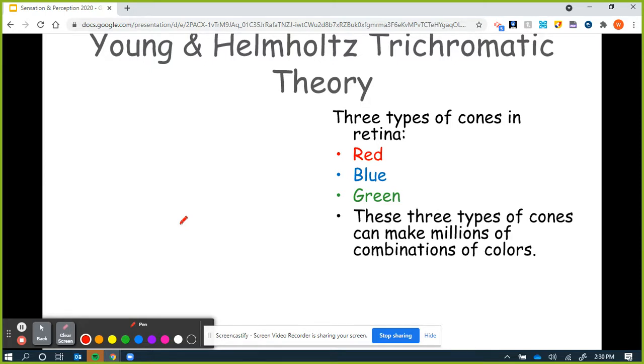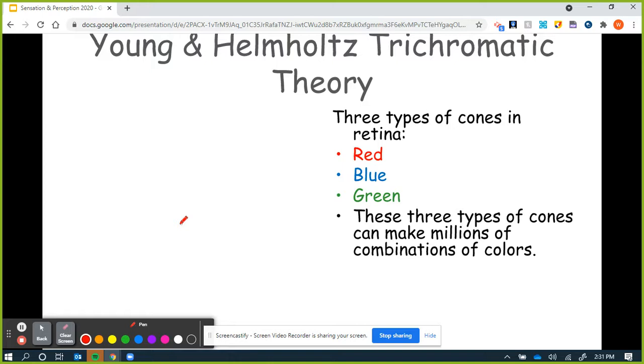And all these three cones, when activated by different types of light, send different intensity signals to the bipolar cells, and that helps us be able to see different colors. It's basically like if you mix red and green, or mix yellow and blue together, you get green, although it doesn't really work like that.